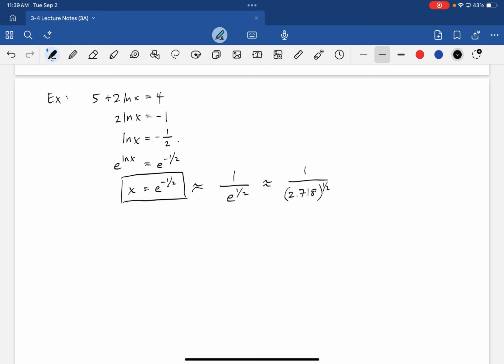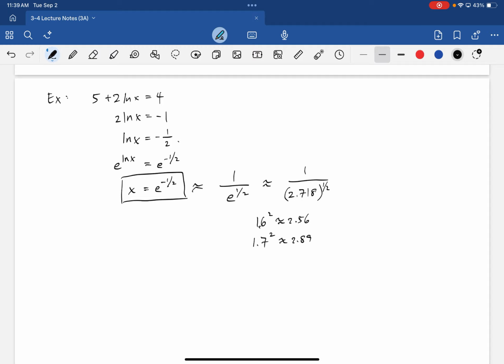Okay, so how do we take the square root of 2.718? Well, we memorize our perfect squares, right? So we know that 1.6 squared is around 2.56, and then 1.7 squared is around 2.89.